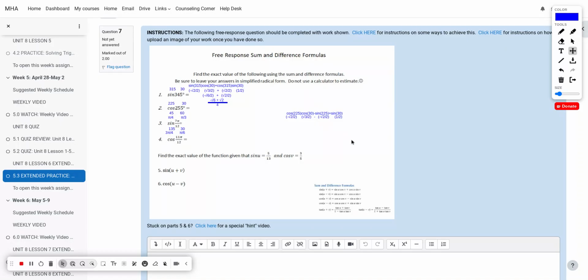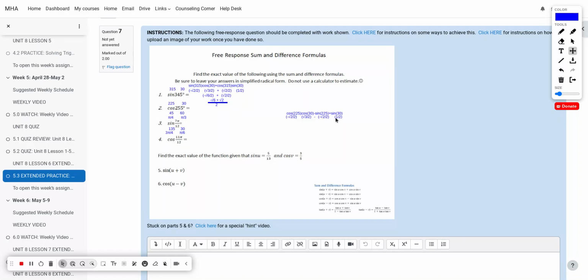Alrighty. Now with this, I'm going to multiply them across. And also, by the way, up here, I just noticed I gave it a 4 and not a 2. That should be a 2. Alright. Looking at this, negative square root of 2 times square root of 3 is negative square root of 6.